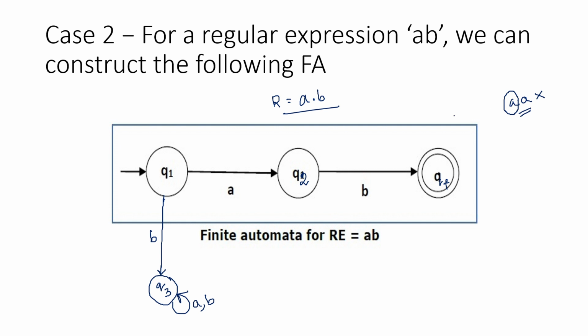That means if you find A, you will go from Q1 to Q2 and wait for a B. But if you find A again, then you can be sure that this string is not going to be accepted, whatever combination comes in future. So you will put the trap state again from Q2.